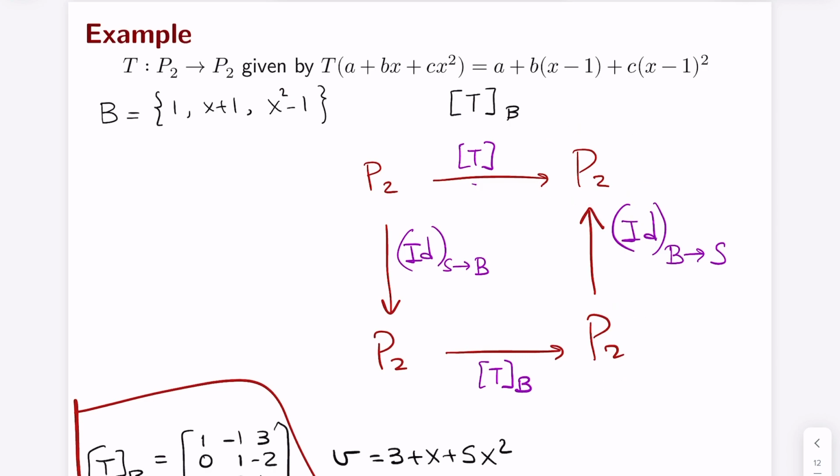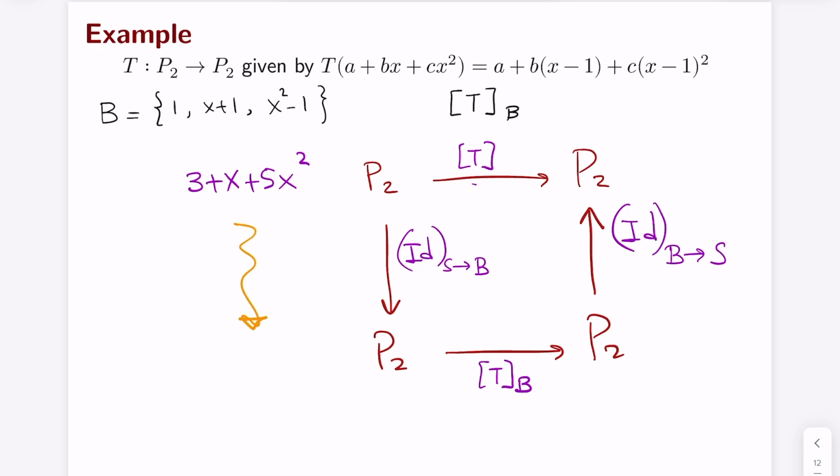And so, if we take any polynomial here, for instance, this one in the canonical, so here 3 plus x, I'm doing it with this one, but it works with any polynomial at all. So, if we have this polynomial here, expressed in the base B we have calculated before, it has components 7, 1, 5 in the base B. We actually multiply this vector by this matrix that we calculated before.